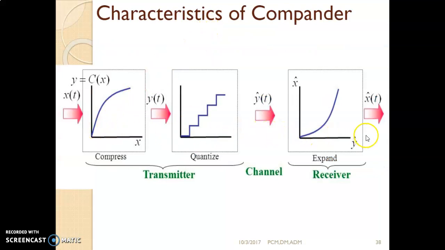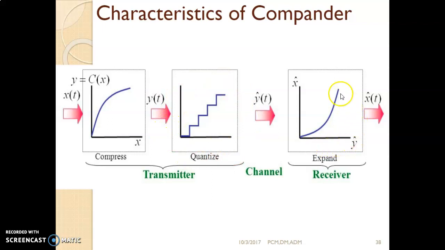So this is the characteristic of companding. The compressor at the transmitter end will have a response like this, which will be similar to that of our uniform quantizer, and the quantization will be uniform.